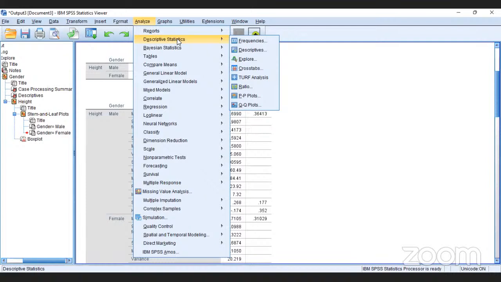So this is what I expect that you should do. We have been talking for so long. It's time to practice, right? So based on what we have seen thus far, from the time we started analysis, we are expected to do a descriptive analysis of weight, right?